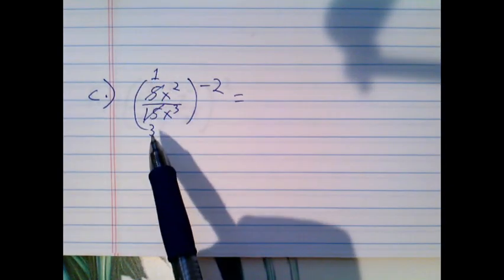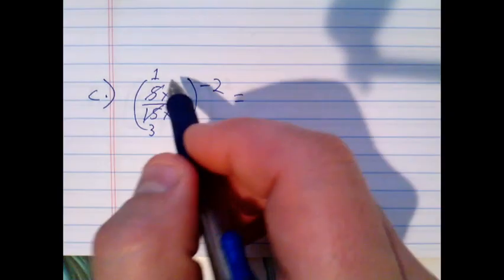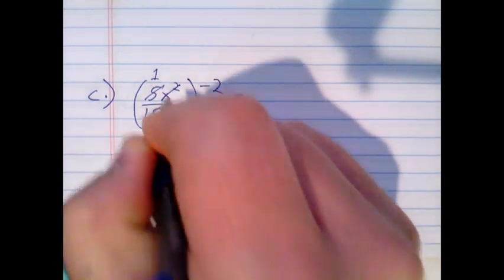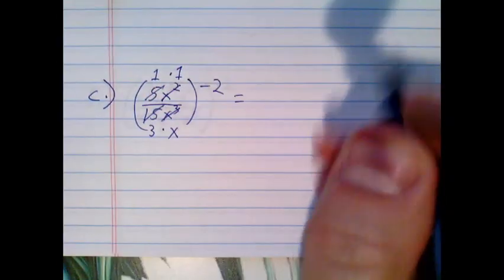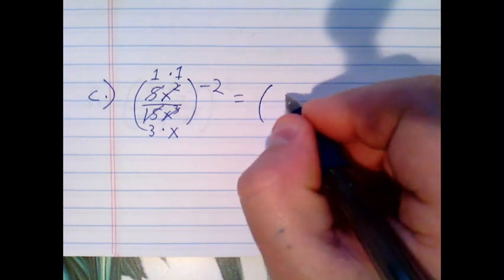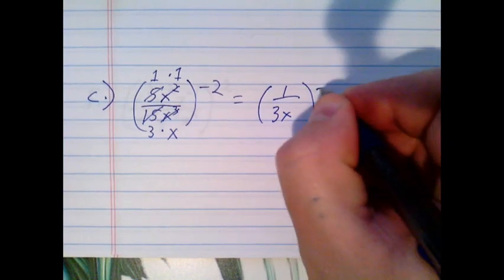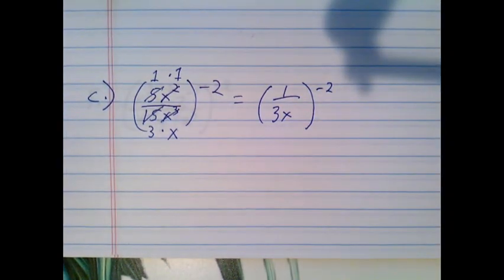That leaves me a 1 in the numerator, a 3 in the denominator. And then with the x squared and x cubed, that's similar to something that happened in the last problem. That leaves me just 1 factor of x in the denominator. So now inside the parentheses I just have 1 over 3x, and that's raised to the negative 2.